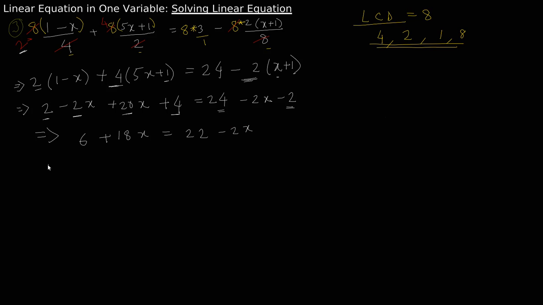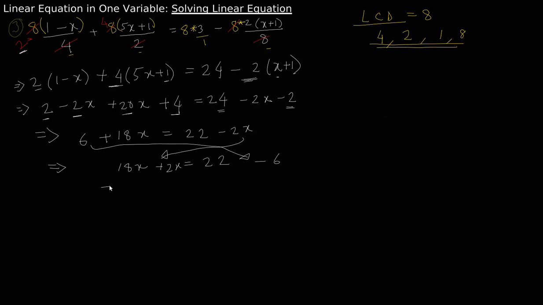So let's bring all the x terms to one side and all the constants to the other side. I have 18x on this side, and if I bring negative 2x to this side, it will be positive 2x, and on this side I have 22, and if I bring this 6 to this side, it will be negative 6.